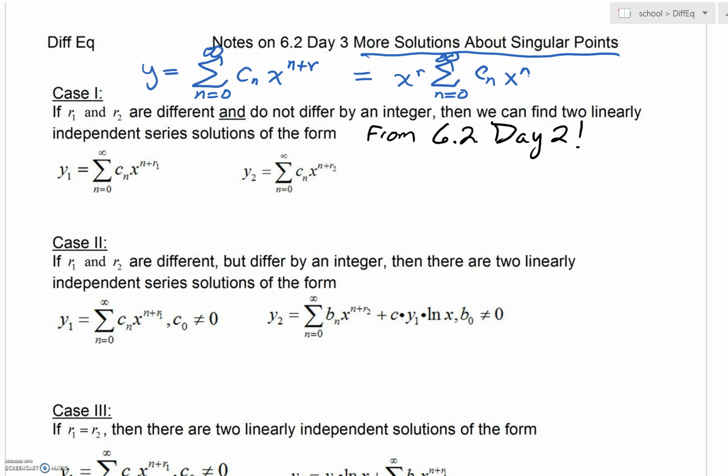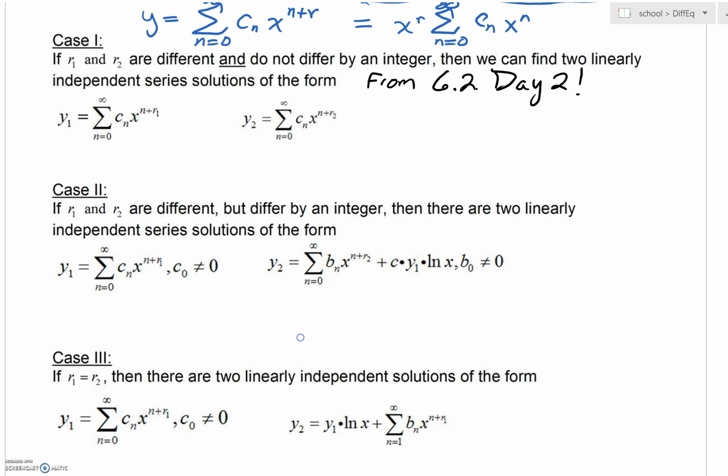As we're solving for what r could equal yesterday, and for another problem, just one problem assigned today, what if r1 and r2 are different and they do not differ by an integer? In other words, when you subtract them, you don't get an integer.